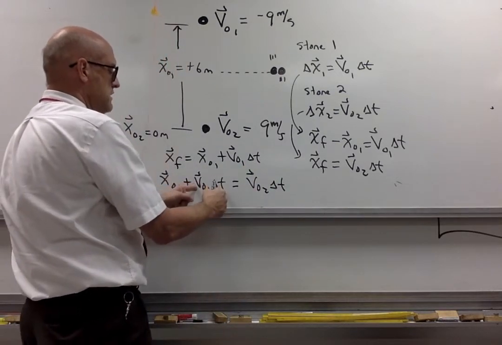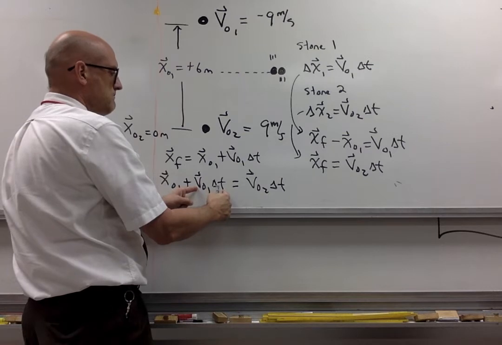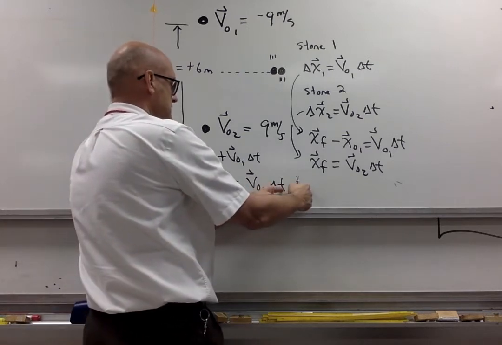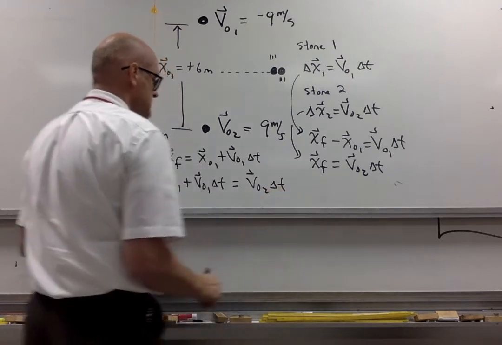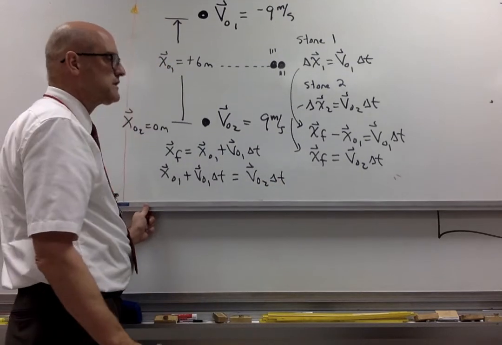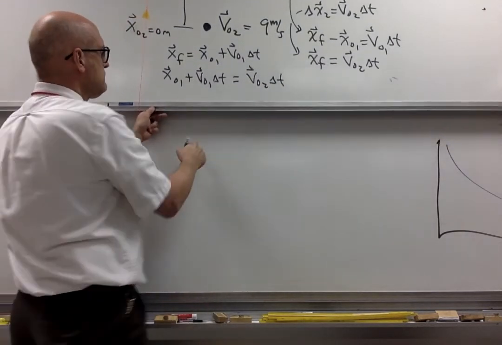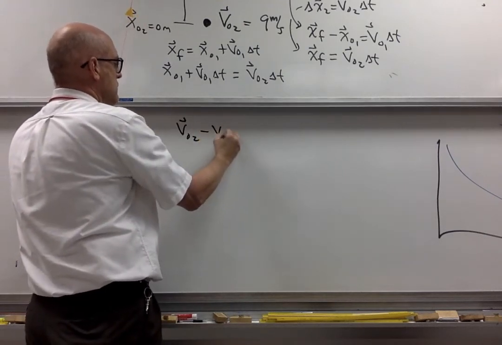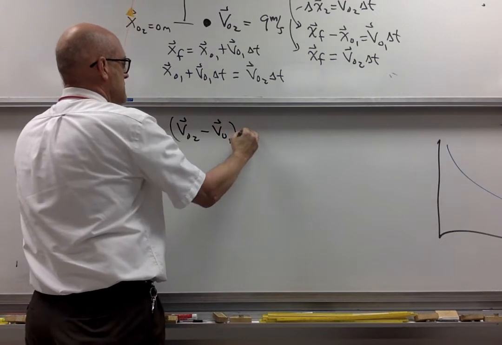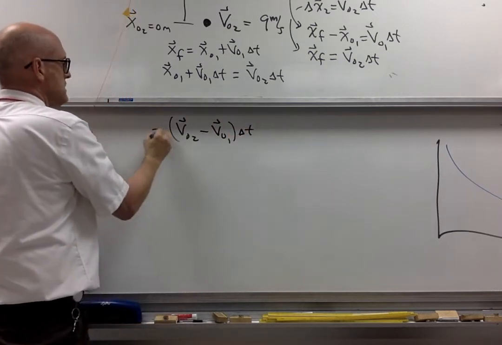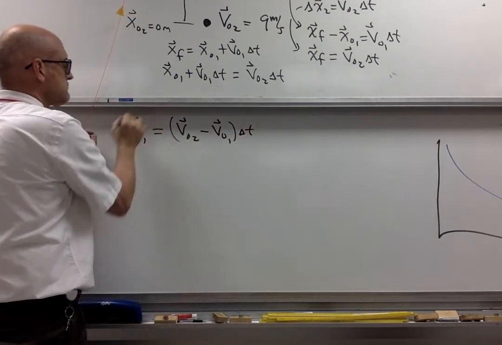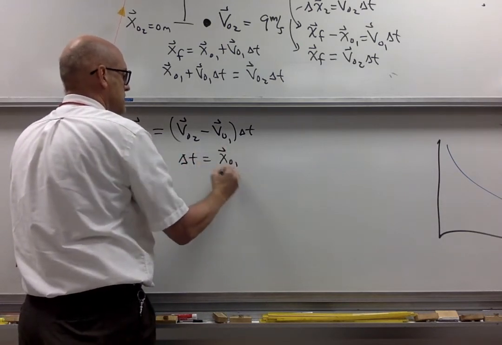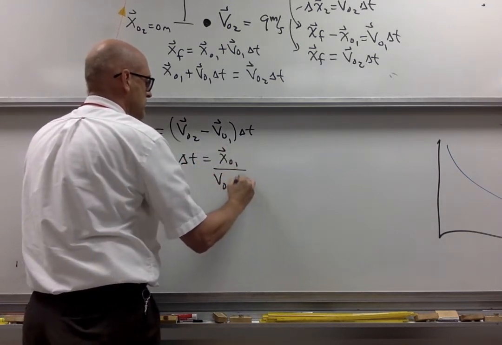So take this expression and put it on this side, factor out the delta t. Okay, so let me continue that on this board. So we have VO2 minus VO1 times delta t is equal to xo1. So delta t is equal to xo1 divided by VO2 minus VO1.